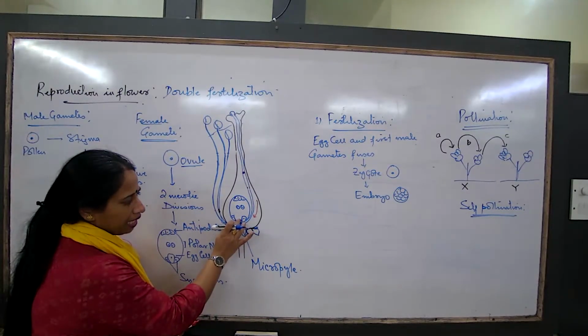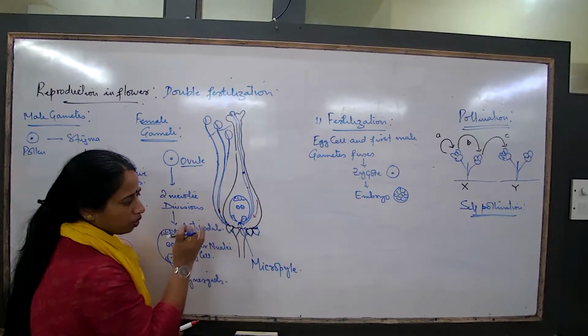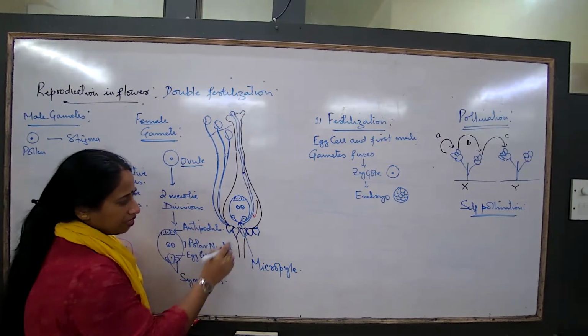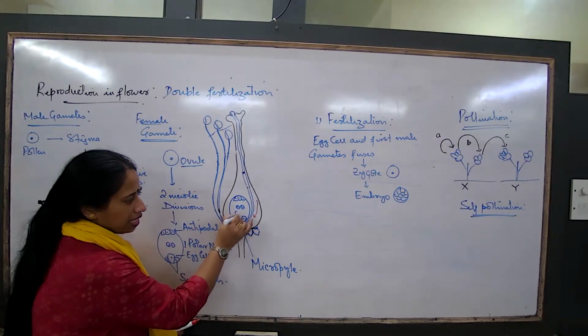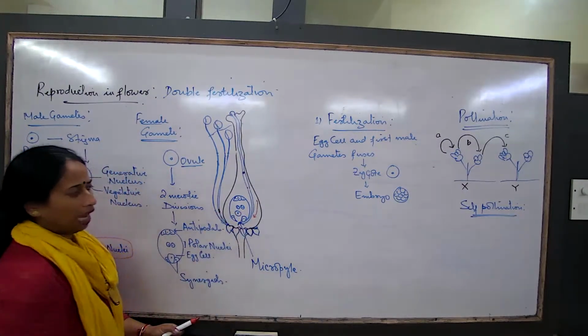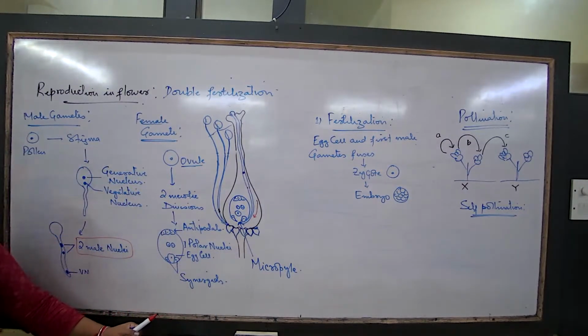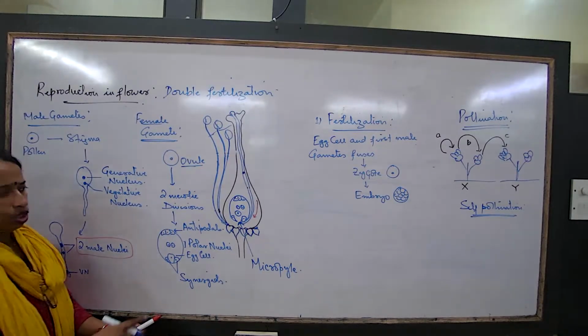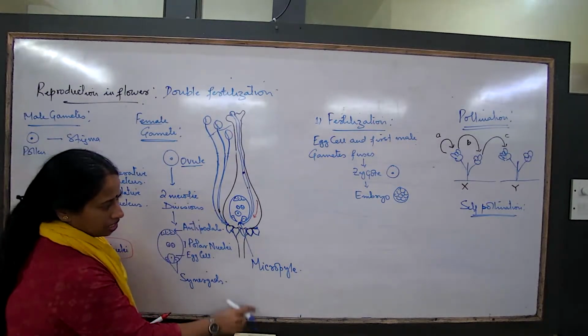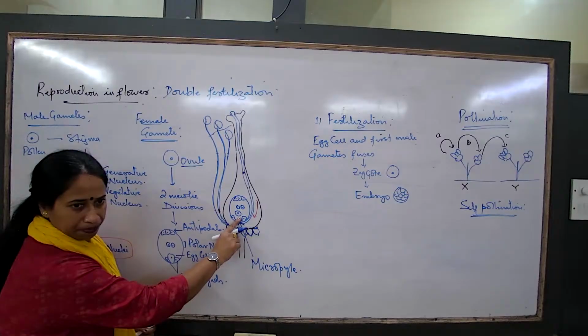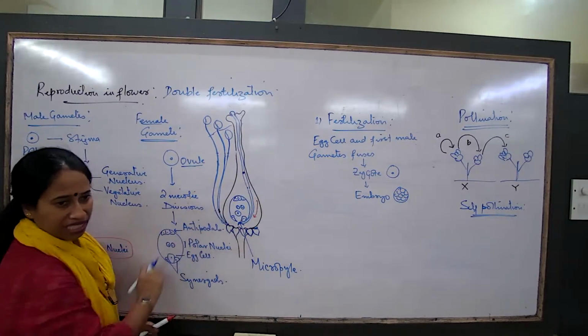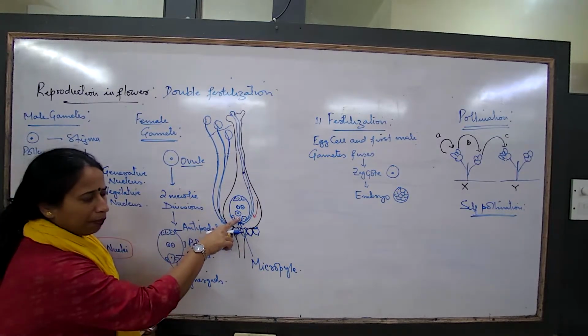The male gamete and the female gamete came together, and this has resulted in the formation of a single small cell, which is now known as the zygote. How is the zygote formed? By fertilization.